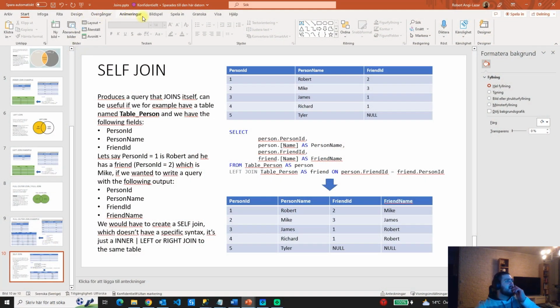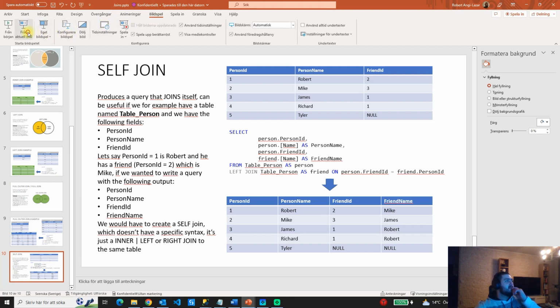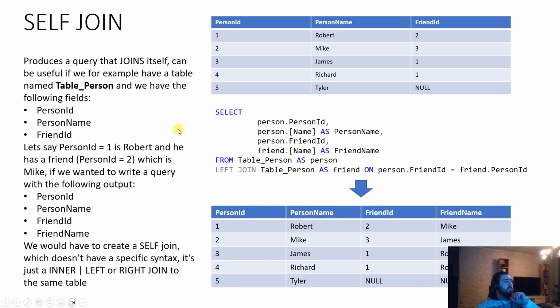So without further ado, let's dive right in and talk about self joins. A self join is not a join on its own, it doesn't have its own syntax. If I were to write select star from table person and name it person, I could not write self join instead of left join here.